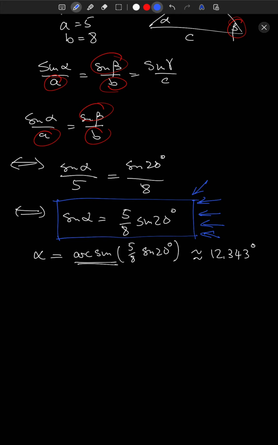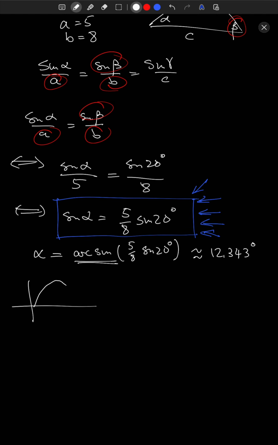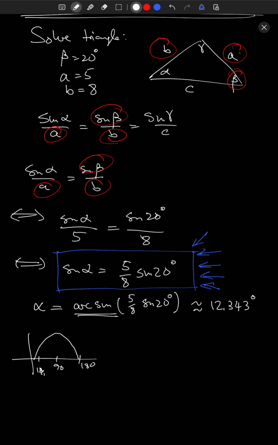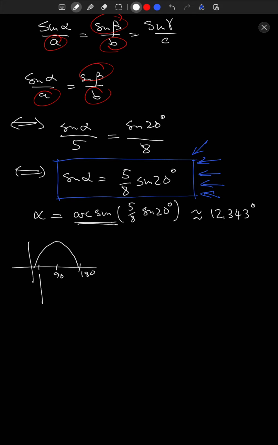Okay. All right. Let me draw a picture again, just to emphasize why there's 2 solutions. So here's 180 degrees, here's 90 degrees, here's 12.323 degrees.